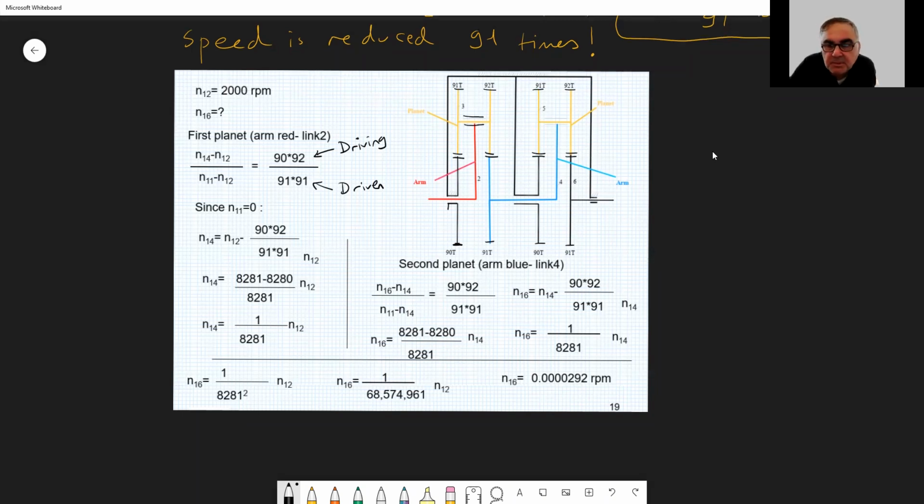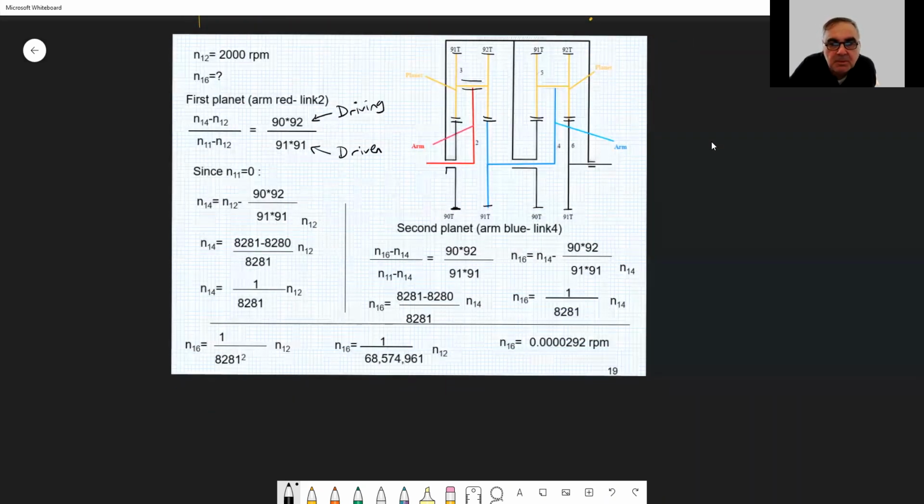For example, you can, for this thing again, okay, arm is 2, this is 1, this is 4.